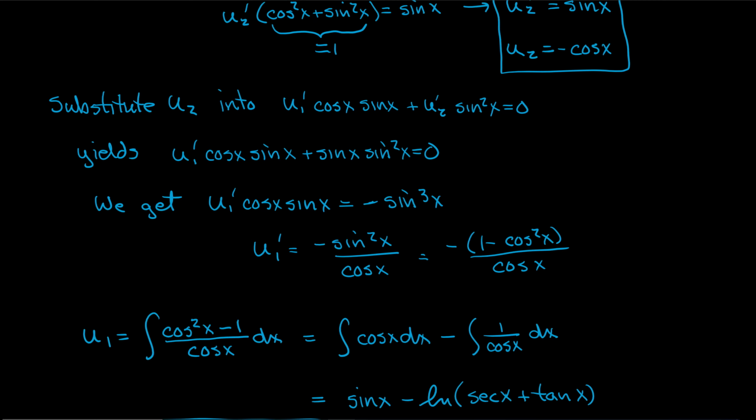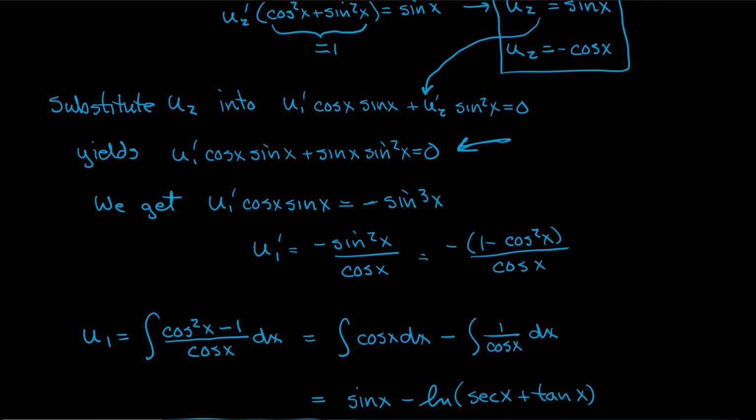I'm going to use the homogeneous equation, substitute in u2 prime, and remember, as you can see at the top of the screen on the right, u2 prime is going to be this sine. Now we're going to have sine times sine squared, which is going to give us sine cubed. And we're going to have that plus u1 prime cosine times sine equals 0.